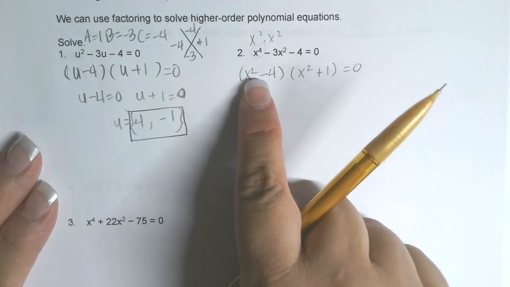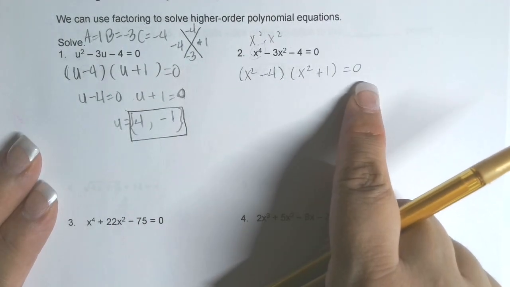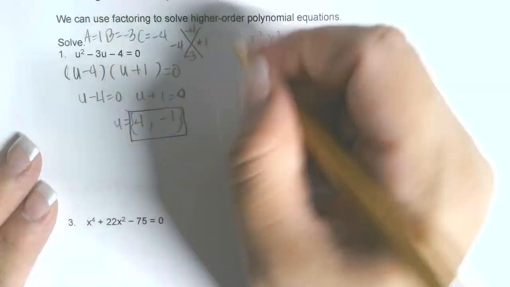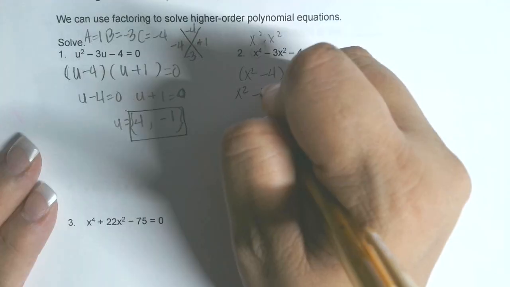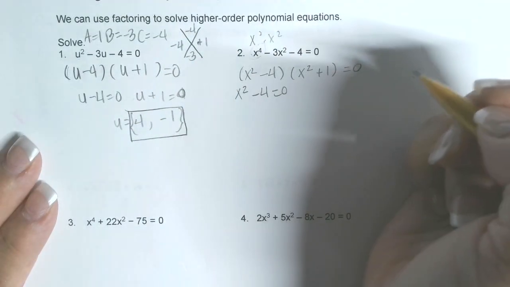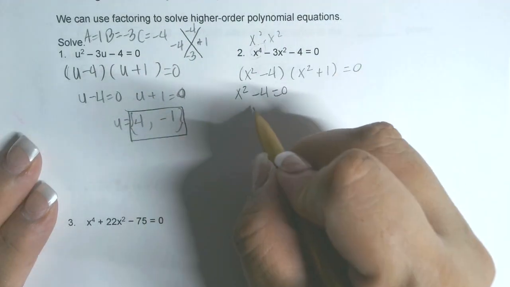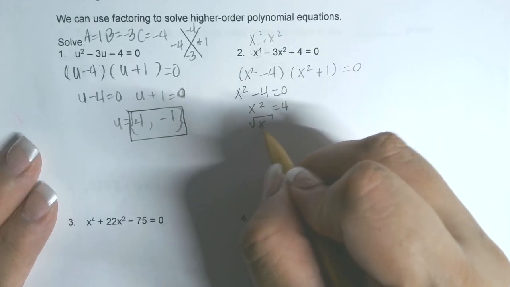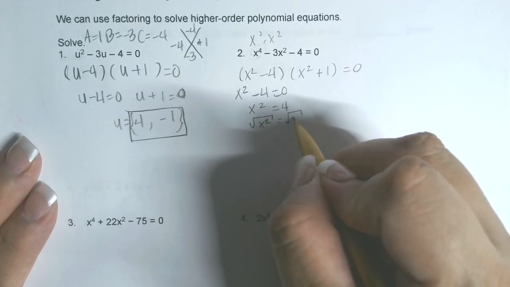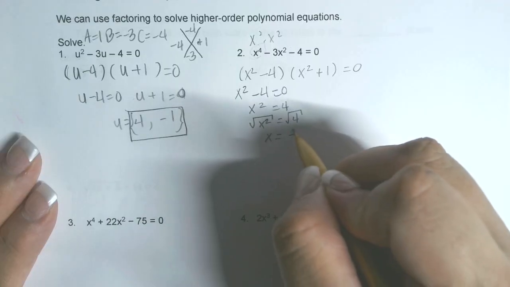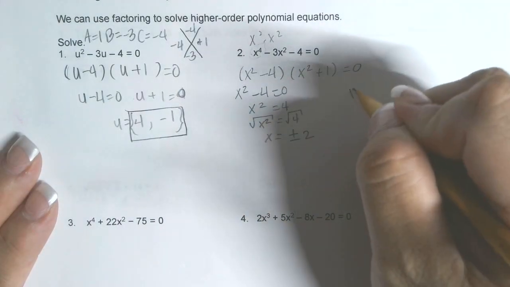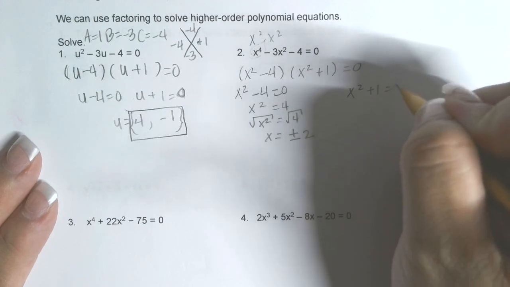And then you're solving for each value of x. So I have x squared minus 4 equals 0, and then solve for x. So x squared equals 4, square root of both sides. X equals positive and negative 2. And then we do the same thing for here. X squared plus 1 equals 0.